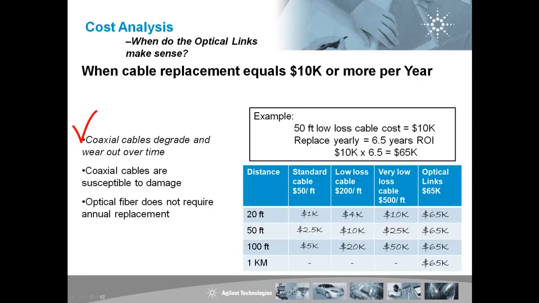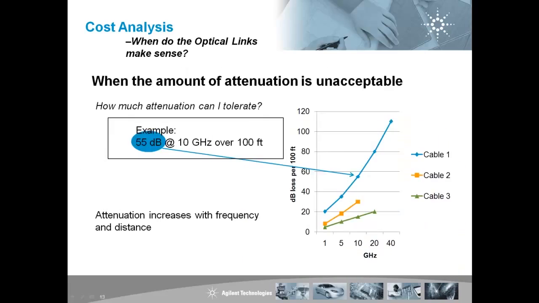The performance of the coaxial cable degrades over time, and they are highly susceptible to damage. The return on investment, or ROI, will depend upon the amount being spent to maintain the coaxial signal path. As stated in our example, if the yearly replacement cost of the coaxial cables is $10,000, the price of the optical link could be justified over a 6.5-year period.